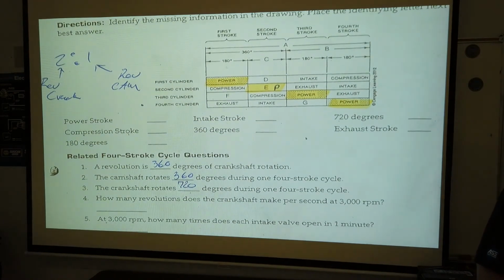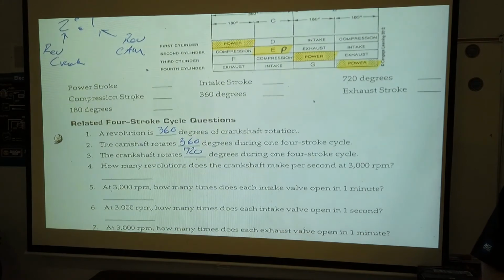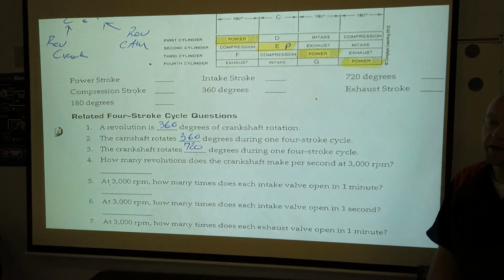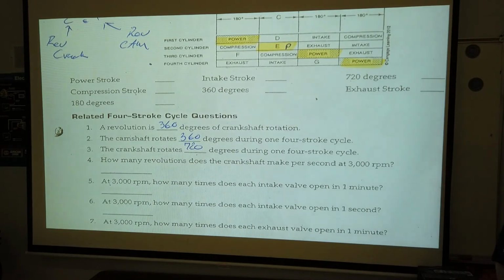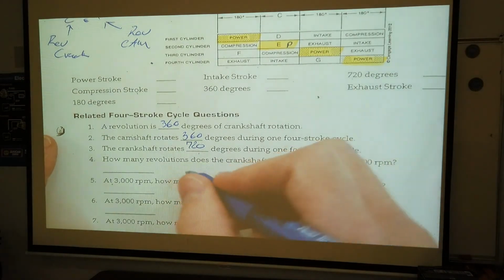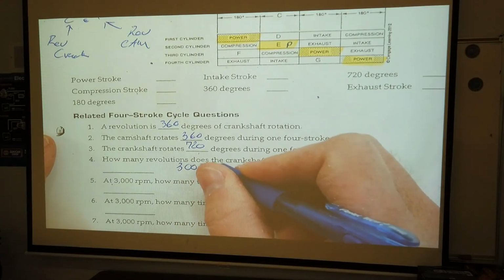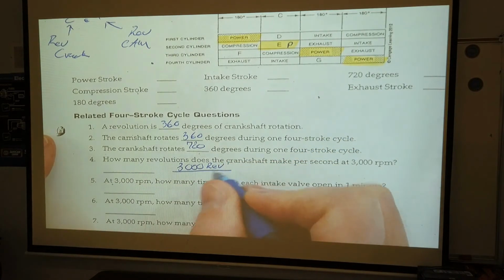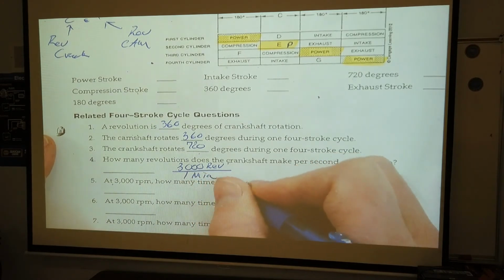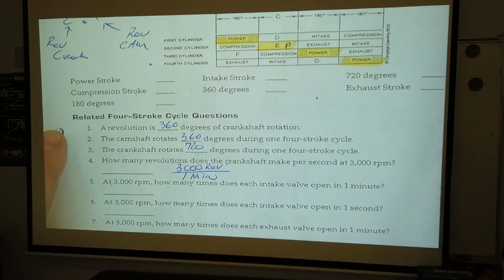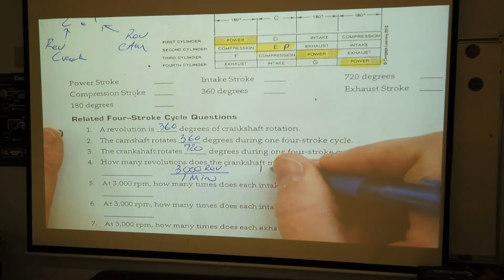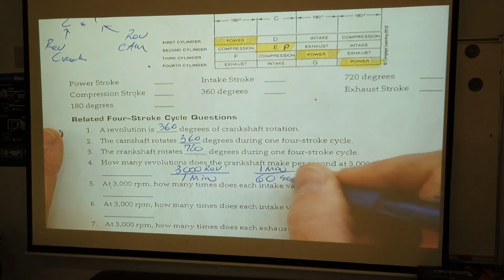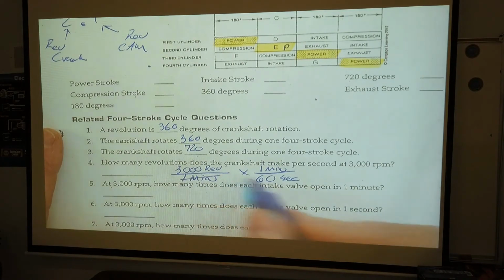Then we get down to this math, and it says, for question number 4, how many revolutions does the crankshaft make per second at 3,000 RPMs? So we're going to cross multiply and come up with our formula. If we have 3,000 revolutions per 1 minute, that's how we would write that mathematically. And then in 1 minute, we have 60 seconds. So if we cross multiply, these cancel.